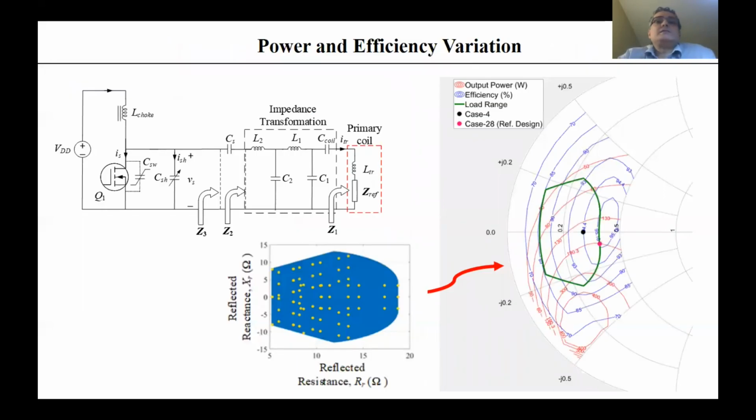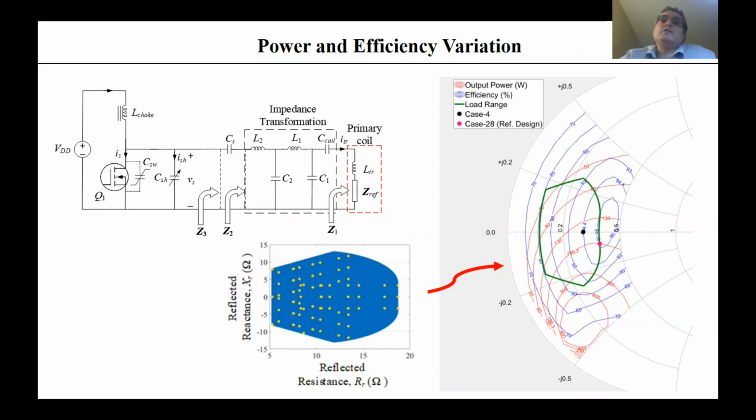Let us illustrate this on an example of a Class C inverter designed to deliver 200 watts while achieving efficiency of 95% for a rated load. Due to all these effects that I've just mentioned, the load impedance varies, which will cause the power and efficiency of this converter to vary too.